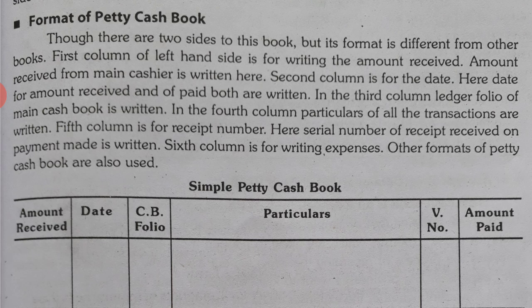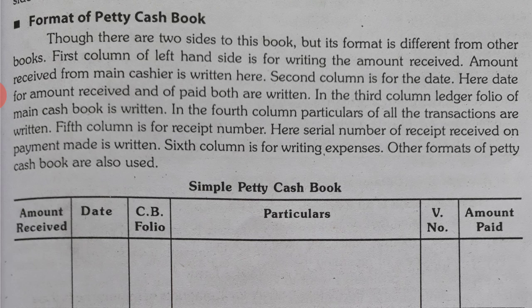Here assistant accountant writes that amount which he receives from head cashier on the very first day of the month. Second column is for date. Third column is for CB folio, which stands for cash book folio. Fourth column is particulars. So in particulars, what do you write? The entries, meaning the name of expense account. Fifth is voucher number.